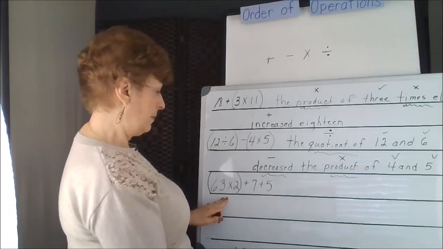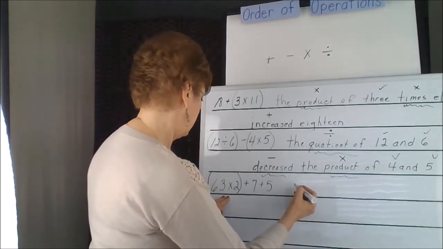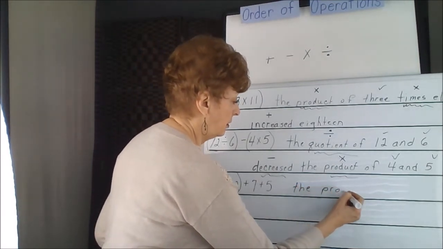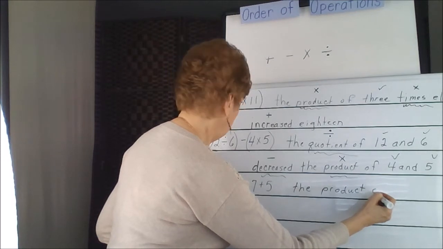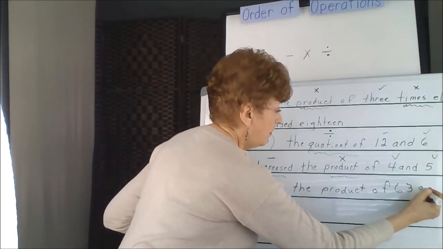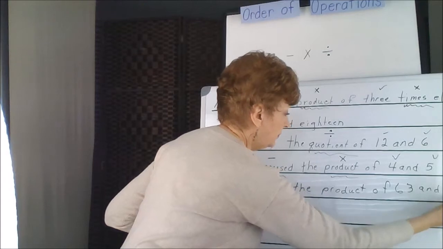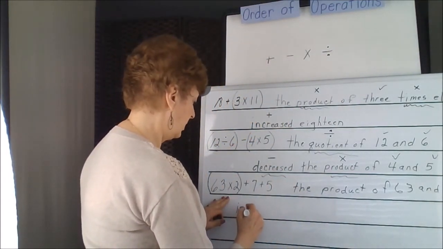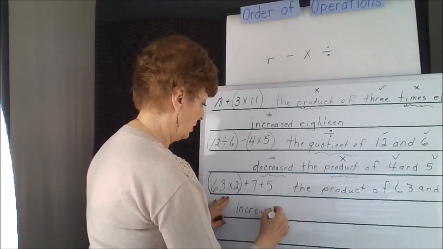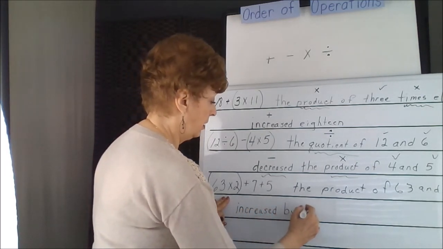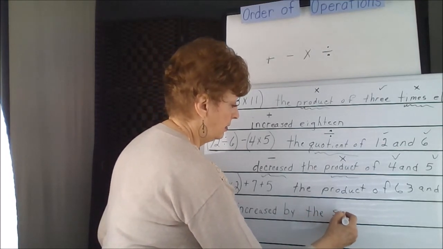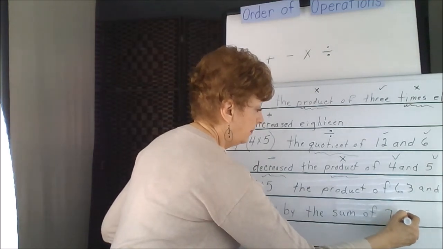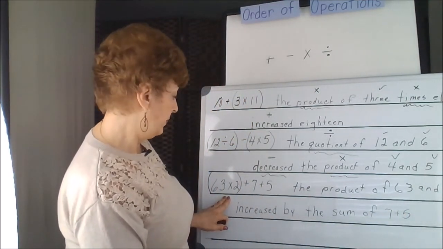So this might be, let's see, the product of 63 and 2 increased by the sum of 7 and 5. We could say it that way.